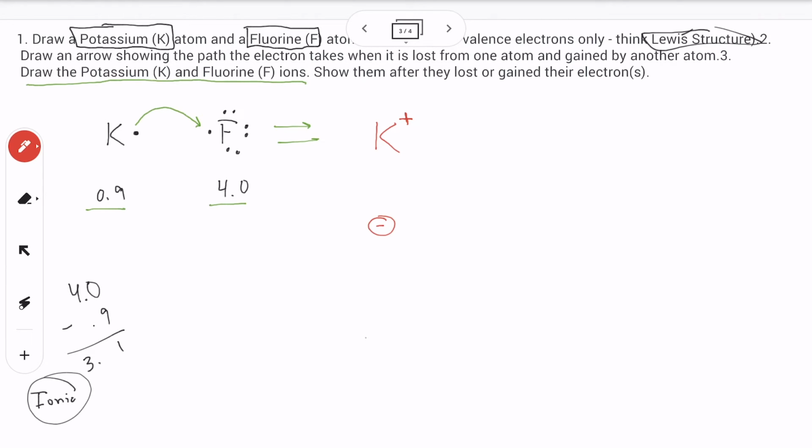All right, so it's kind of the opposite. Now, the fluorine gained an electron, so now it's going to be 1, 2, 3, 4, 5, 6, 7, 8. And because it gained an extra electron, it's going to be negative because electrons are negatively charged. So we have our potassium, which is +1. We have our fluoride here, which is going to be -1.